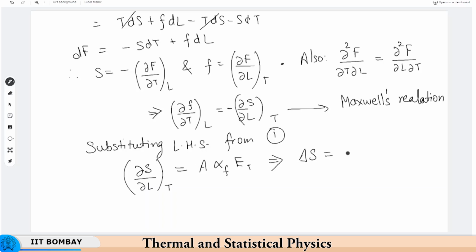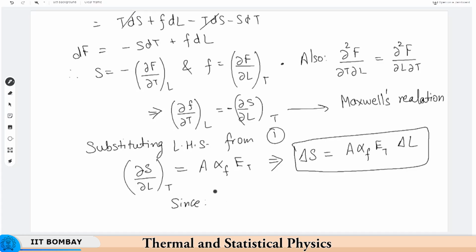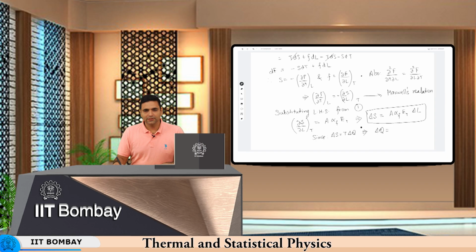The change in entropy, delta S, is given by A times alpha f times E T times delta L. This is the change in entropy upon stretching a rod by a length delta L. The change in heat delta Q is T times delta S, so I can write delta S as delta Q by T. So delta Q equals T times A times alpha f times E T times delta L. So, this is the change in heat. These are the two important results.